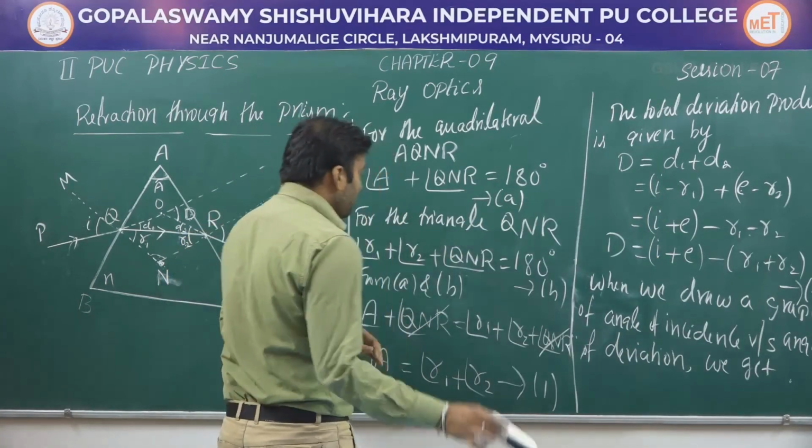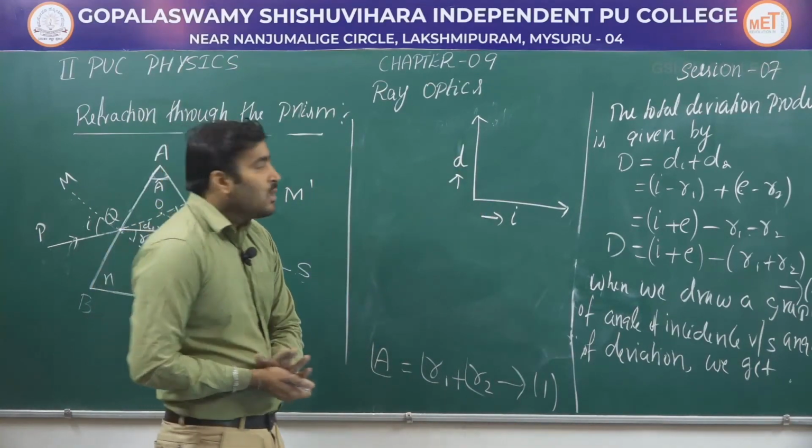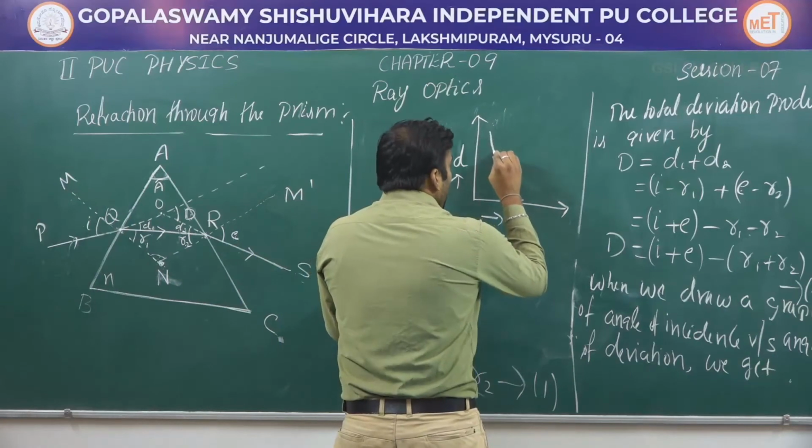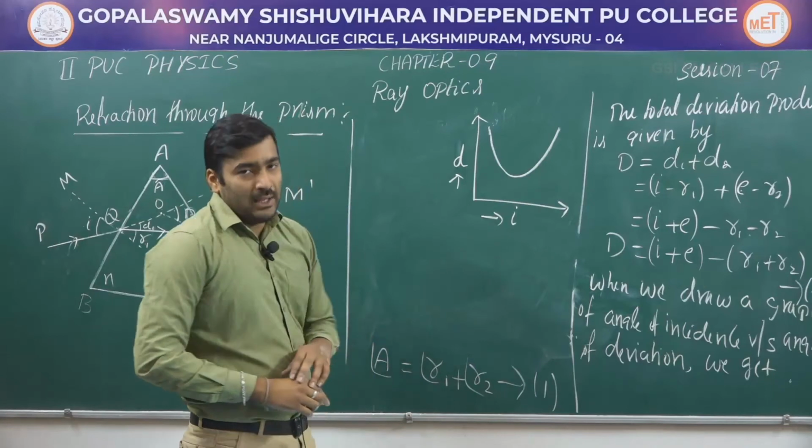Let us proceed. So when you draw a graph of angle of deviation versus angle of incidence, you will get a graph like this.